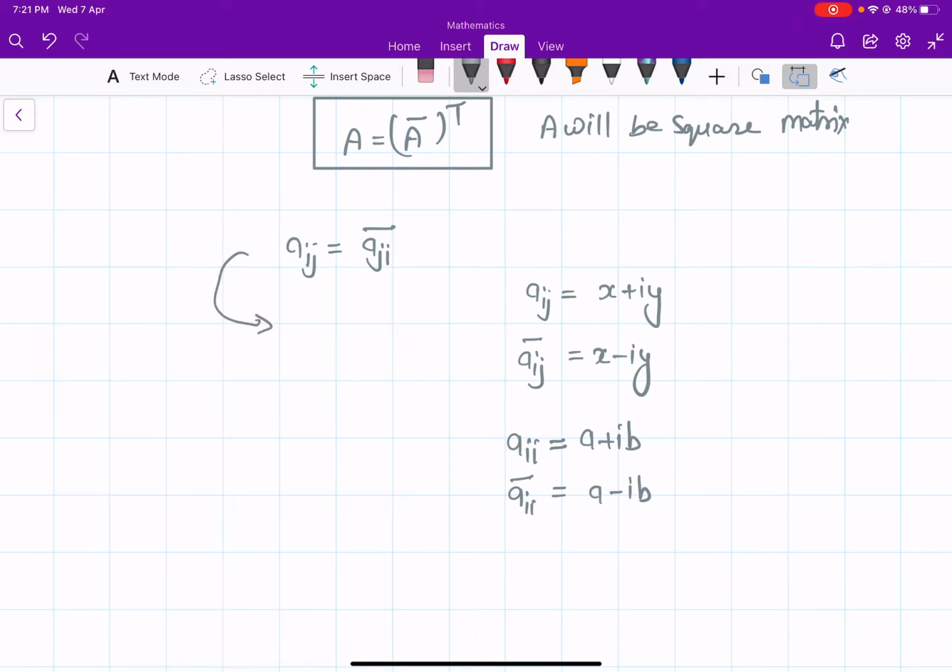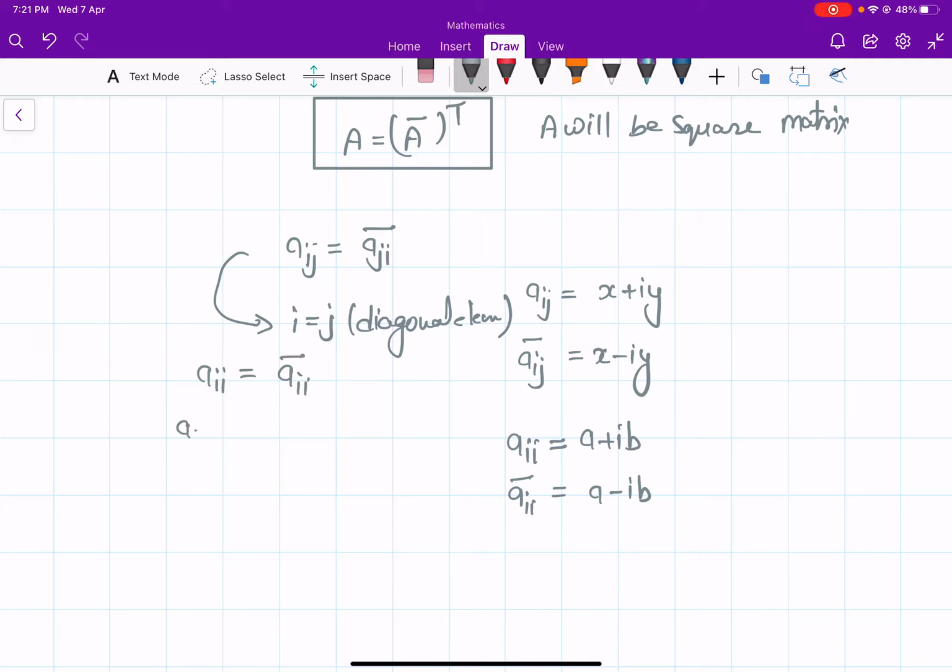If we put i equal to j for the diagonal element, then Aii equals the complex conjugate of Aii.